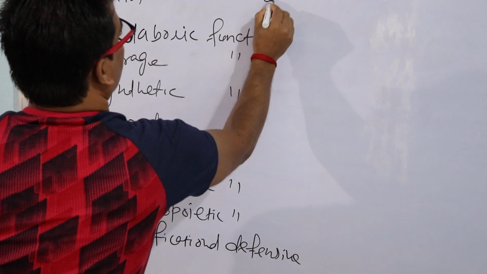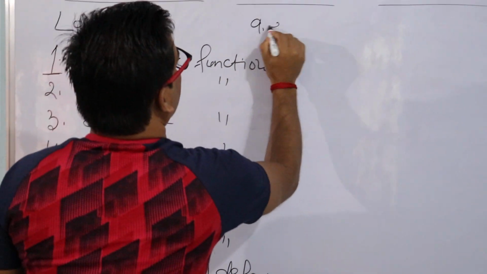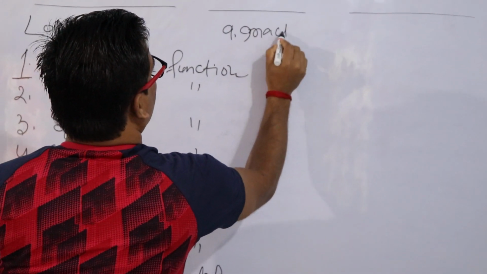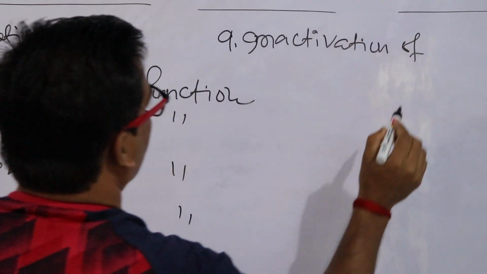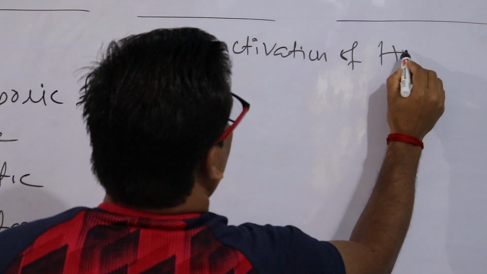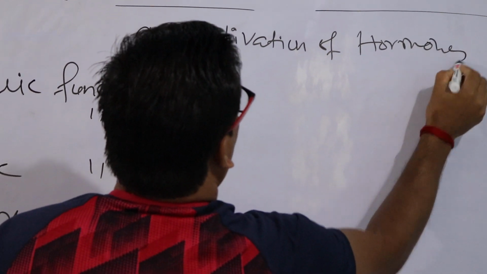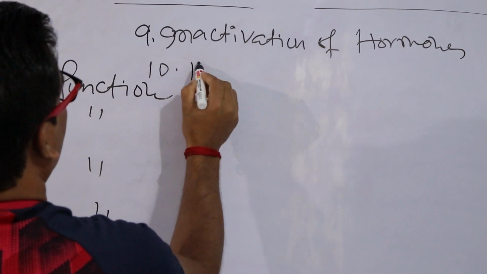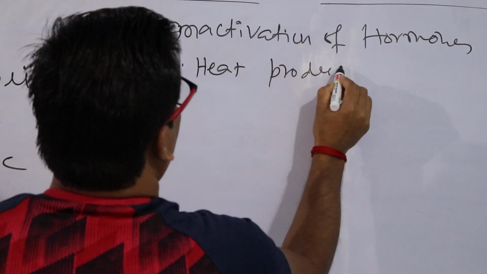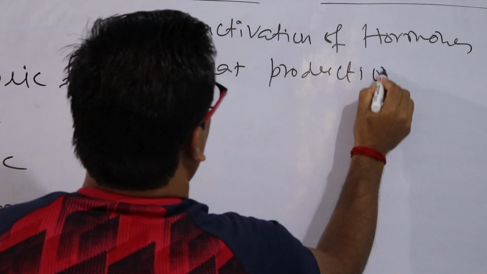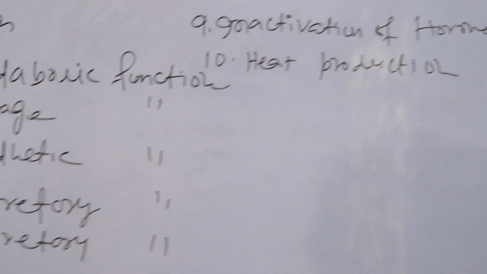Number 9, inactivation of hormones. Number 10, heat production. So let us start one by one.